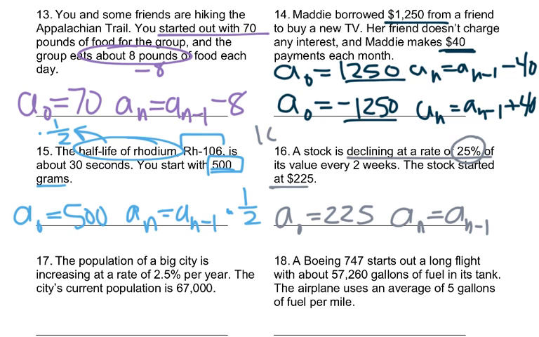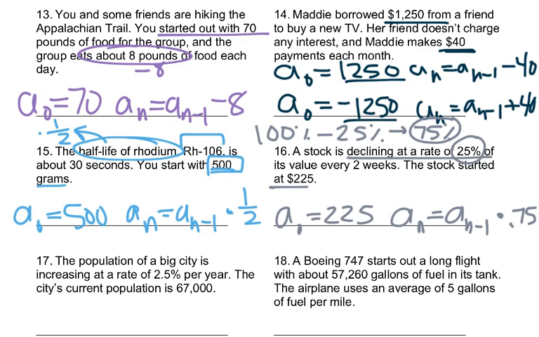But the way to think about it is this. If my stock stayed the same, it would be at 100%. But every 2 weeks, I'm subtracting 25% of that. So in 2 weeks, I'll only have 75%. So that's what we want to multiply by. We take our previous number and we multiply by 0.75 or 75%, and that will give us our next value.